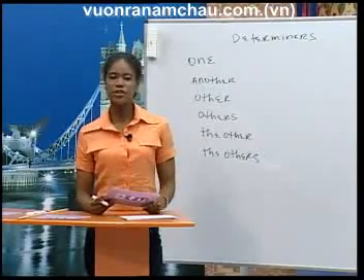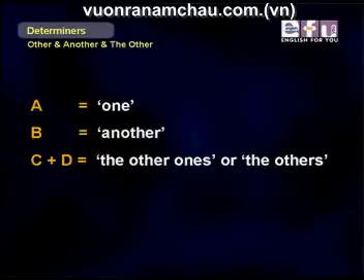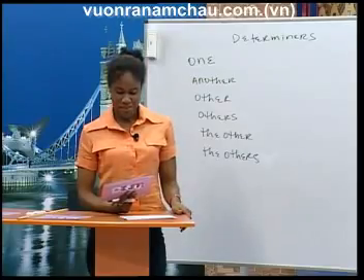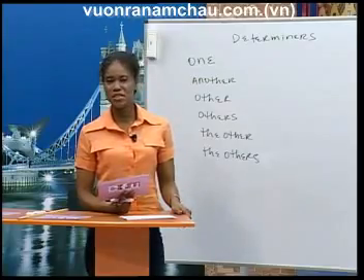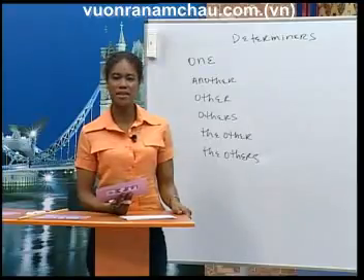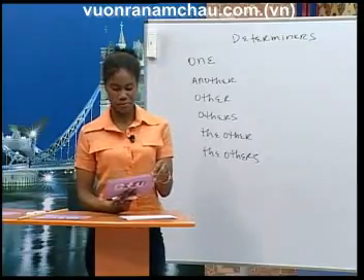We can also look at the group another way. For example, A is one, B is another, and then C and D are the other ones or the others. Okay, let's practice using some of these determiners to talk about things in a group.